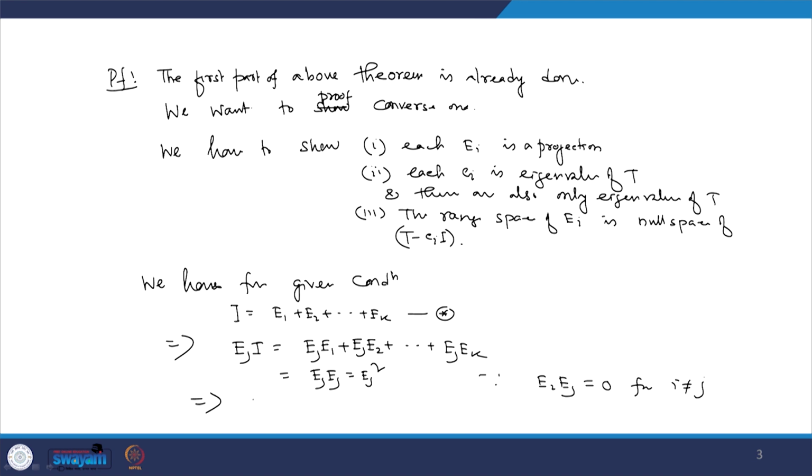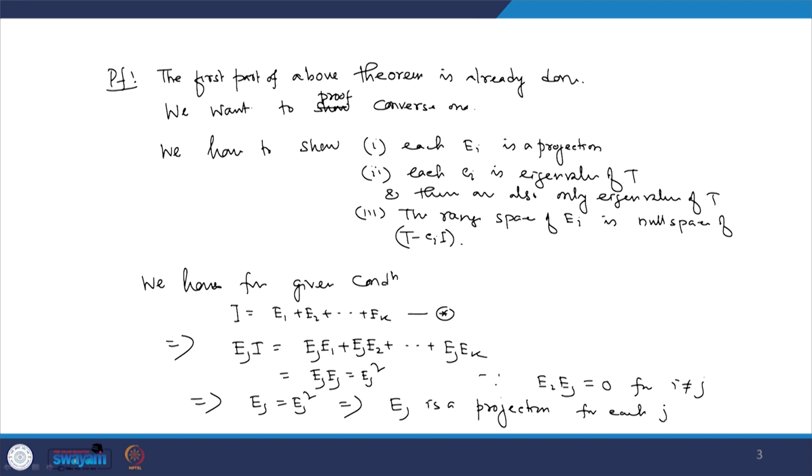So, this implies Ej equals Ej square, which implies Ej is a projection of the space V. So, it is a projection operator for each j, that is j equal to 1 to k.